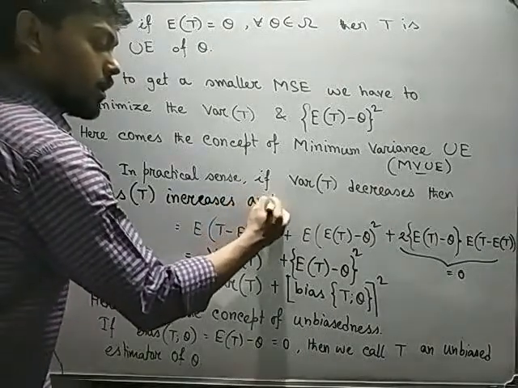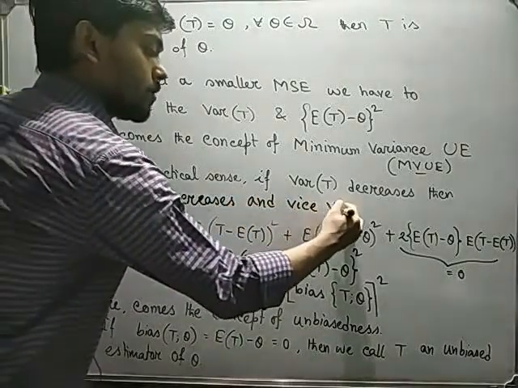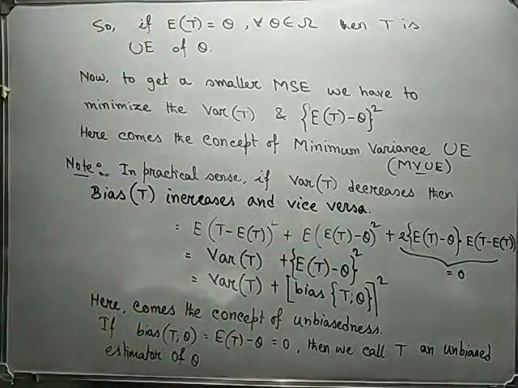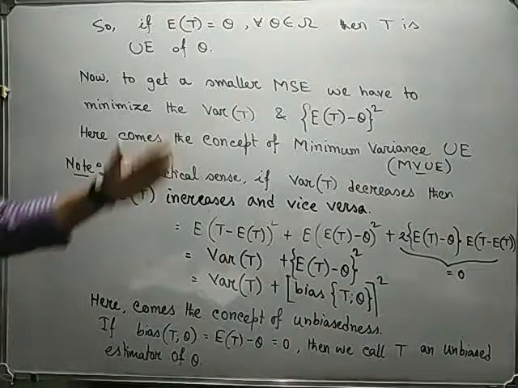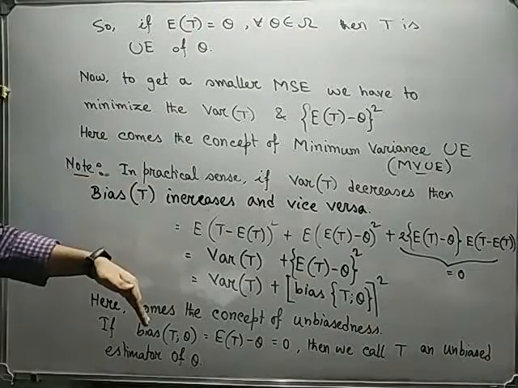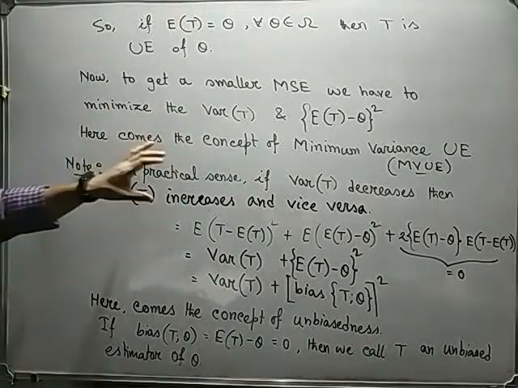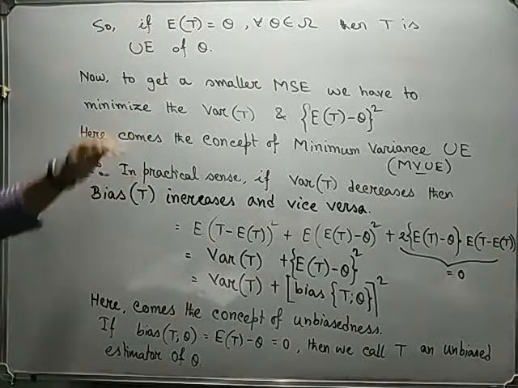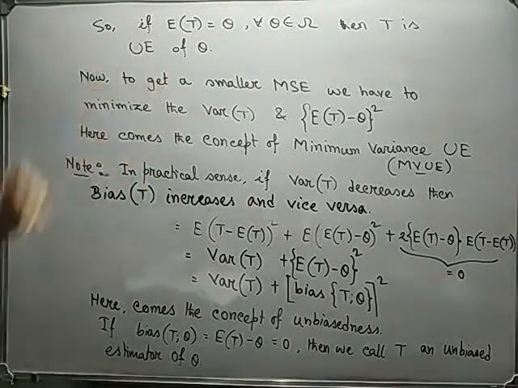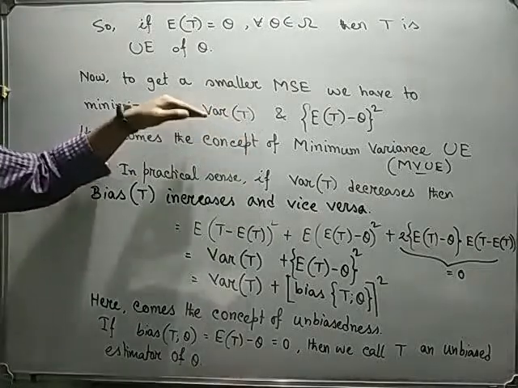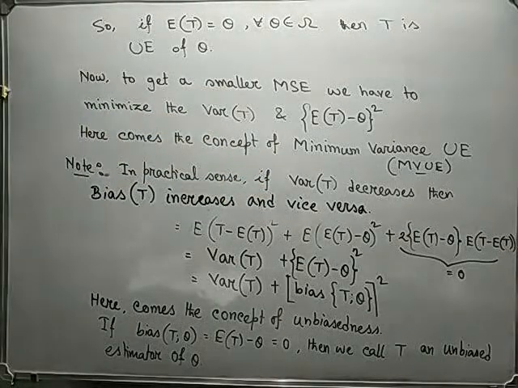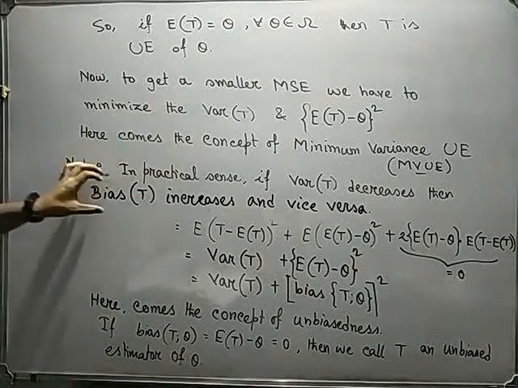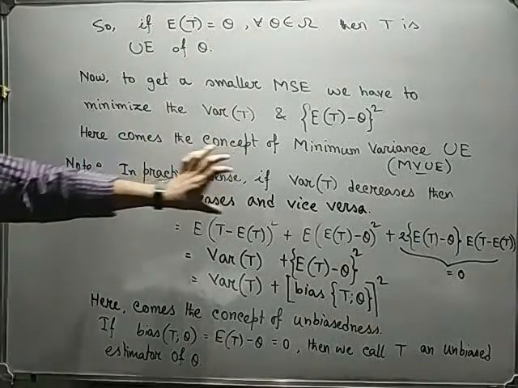What does that mean? If variance of T decreases, then bias of T increases, and if bias of T decreases, then variance of T increases. But this is for practical sense. In theoretical sense, if we minimize the variance of T and the bias of T, we can get a minimum MSE. That's the theoretical concept, but in practical concept we get this quantity.